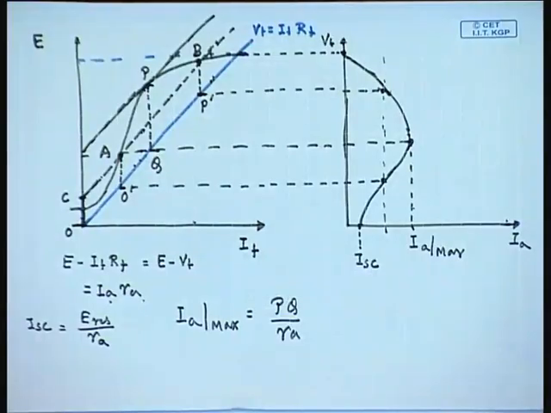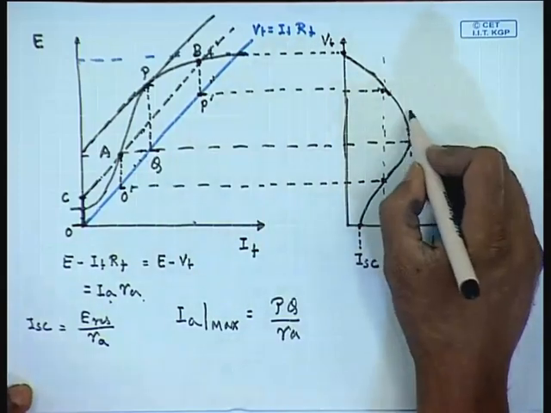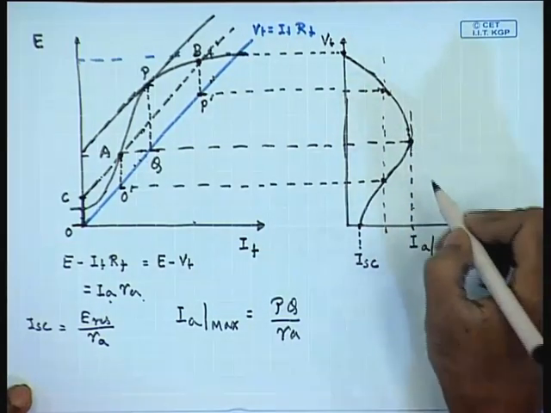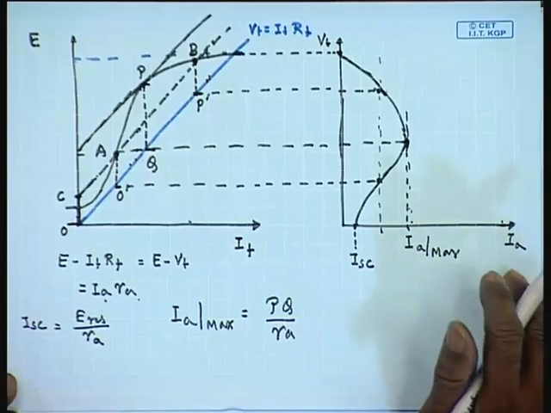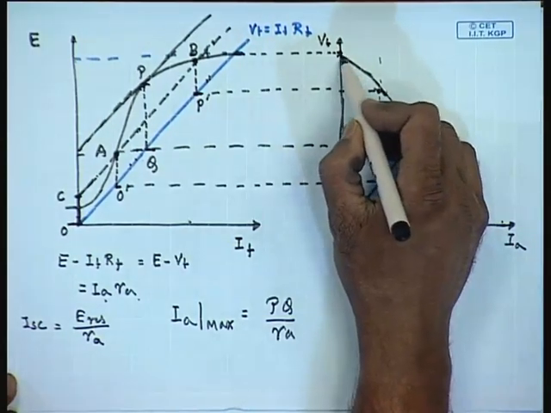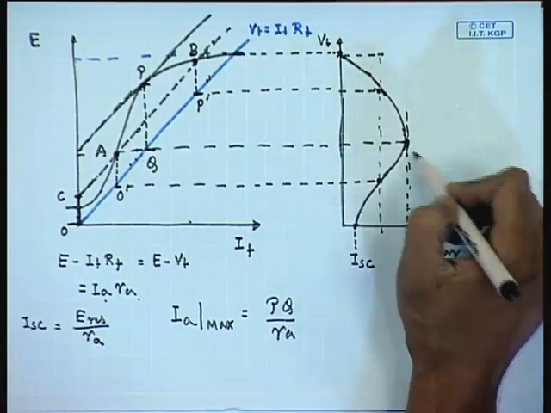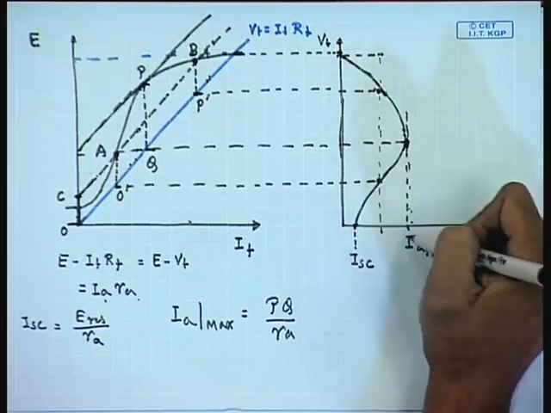It is to be noted though, in fact, even under short circuit condition only a finite amount of current flows in the armature. The armature current never exceeds this maximum limit. However, the normal operating region of a machine is much below this I max.